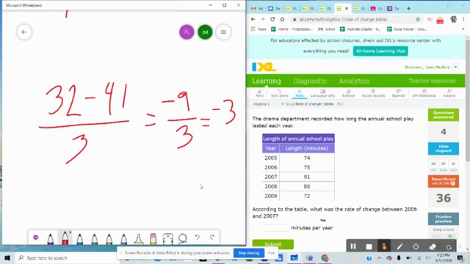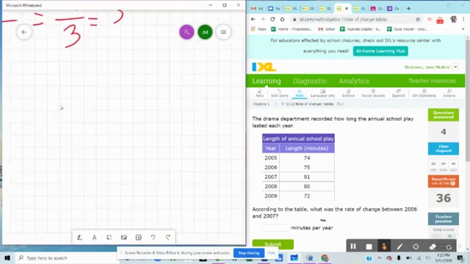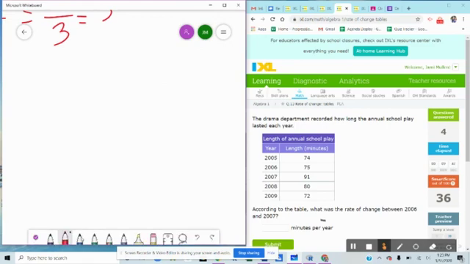All right, we'll go through one more together, and then hopefully you have a pretty good idea of how to do this first IXL. So we've got our drama department recorded how long the annual school play lasted each year. Using the table that we have, what's the rate of change between 2006 and 2007?